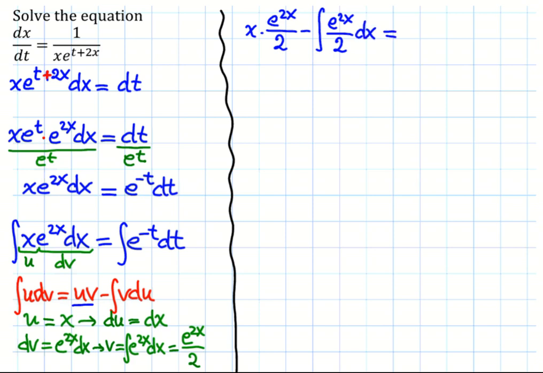So that is the left hand side. The right hand side is integral of e to the negative t. So that's easy, e to the negative t over negative 1, and we add a constant c here.